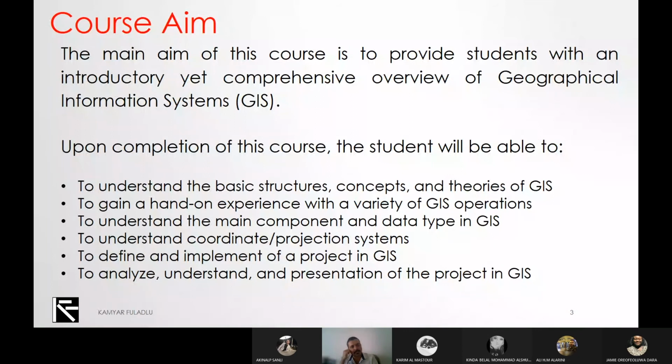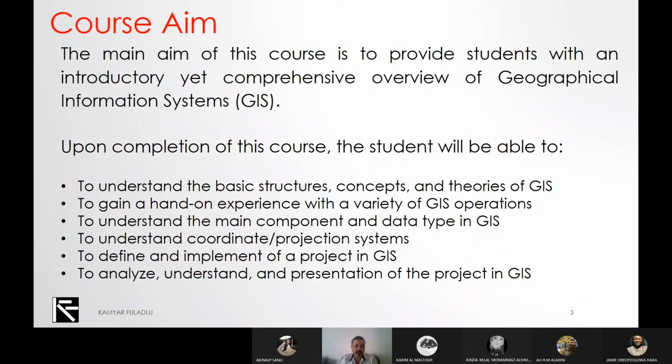At the end of this course, I expect you first of all to understand the basics of GIS, including the structure, concept, and theory. Besides that, I believe you will be able to work and apply a variety of GIS operations, and to work with different data types in a GIS.